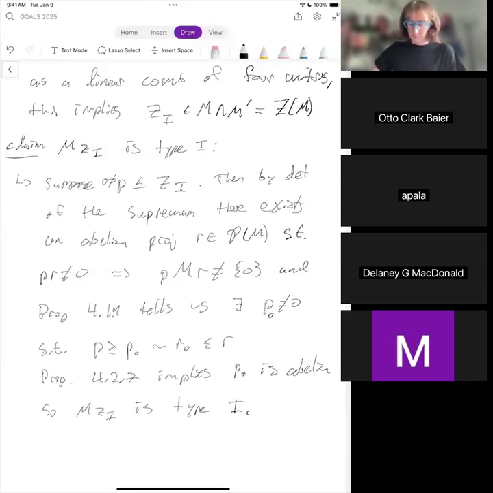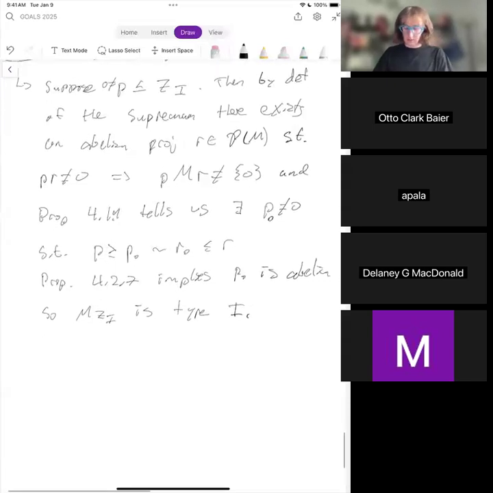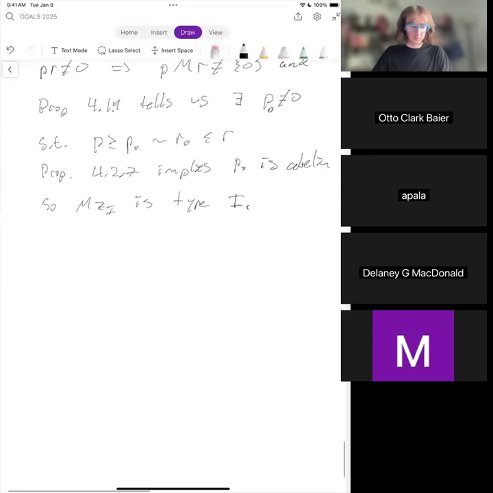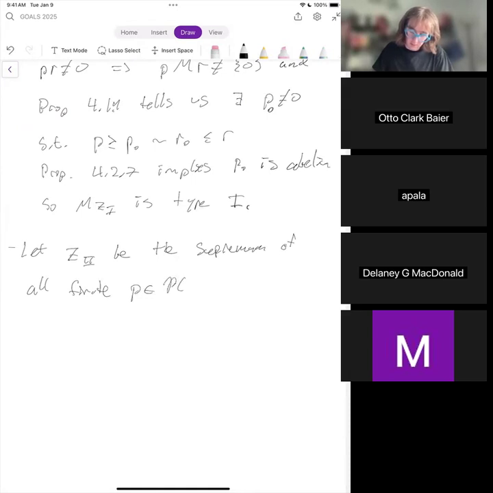Okay. So now let's move on to Z2. Let Z2 be the supremum of all finite projections in M that are sitting below 1 minus Z1.